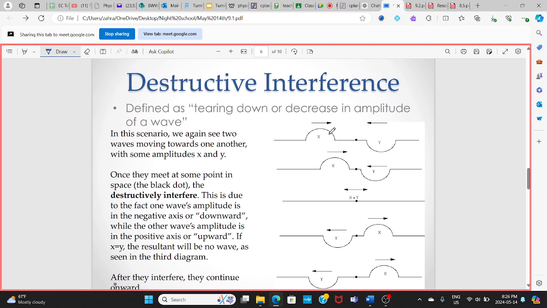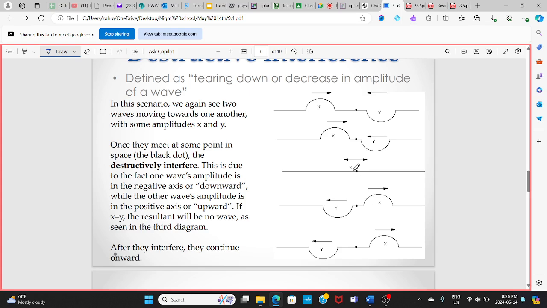Now, let's look at waves X and Y. They have the same amplitude, but one is negative and one is positive. When they come together, they cancel each other. It's a positive and negative amplitude, they cancel, and you see a straight line, nothing.